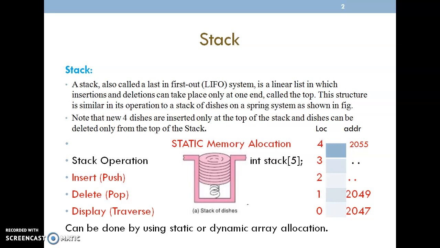But in dynamic memory allocation, we can increase the size by using the realloc function. Earlier we allocated the memory by making use of malloc. During execution, if you want to increase the size, you can do so by using the realloc function. While seeing the example, you'll come to know how it exactly changes.